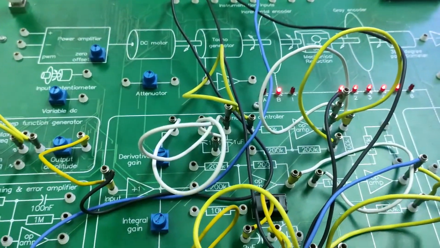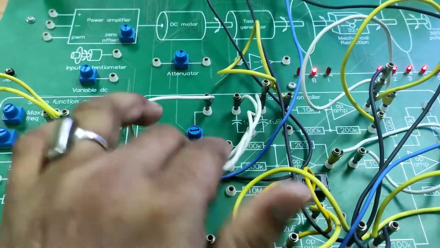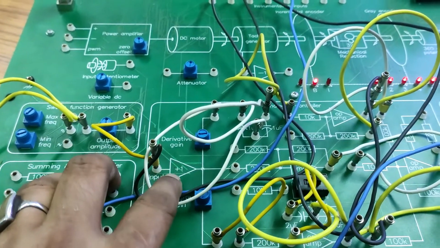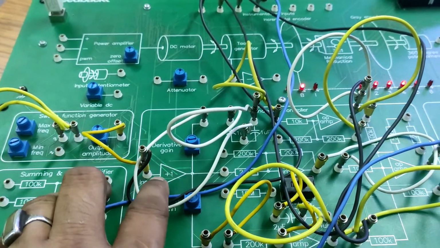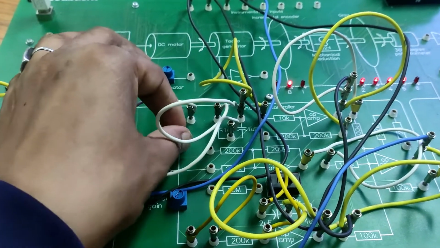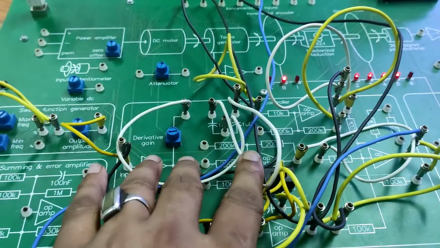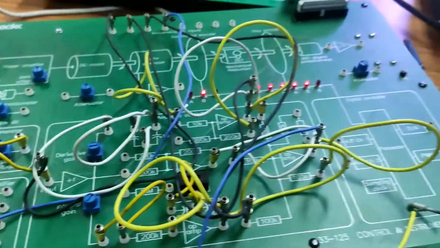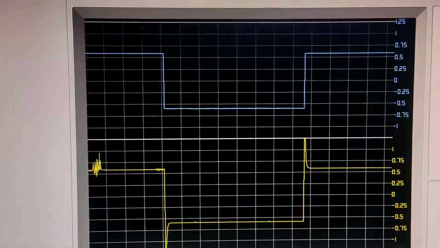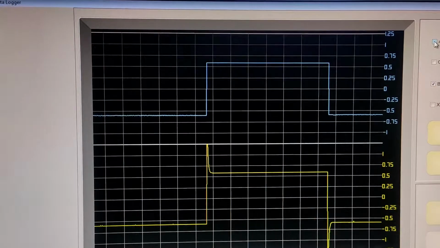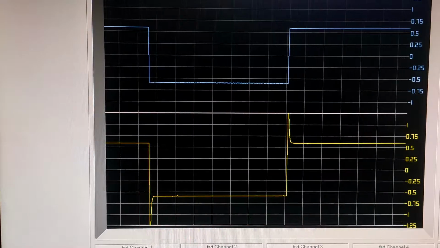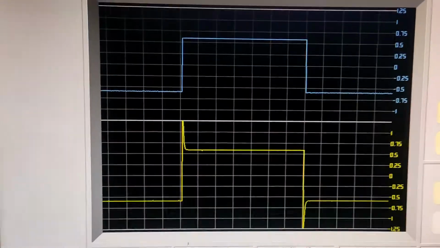Now we are giving a particular derivative gain, where the P controller is already fixed at plus 1 effective gain, and in the derivative control we can give some arbitrary value of gain by adjusting this derivative gain potentiometer. If you see the behavior of the signal, this blue is the input signal and yellow is the combination of P and D, the PD controller.